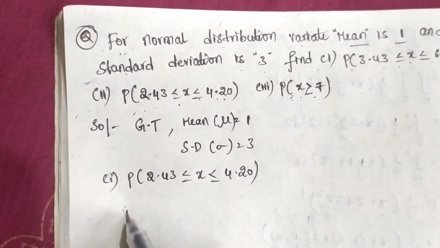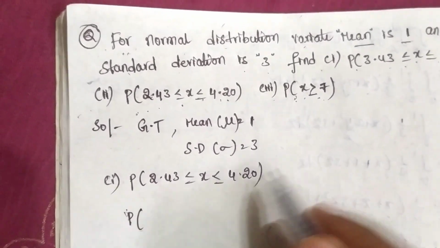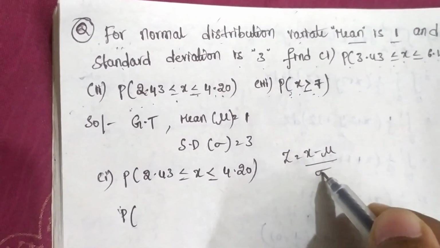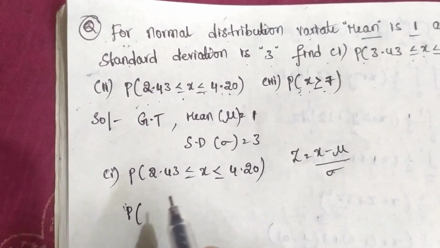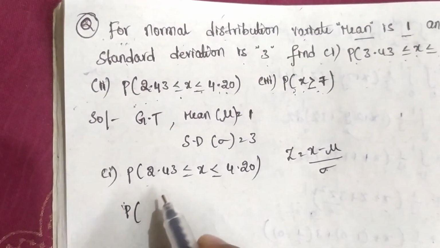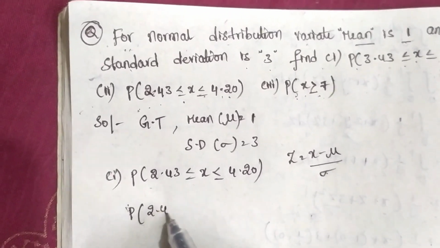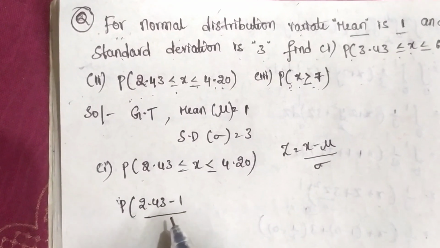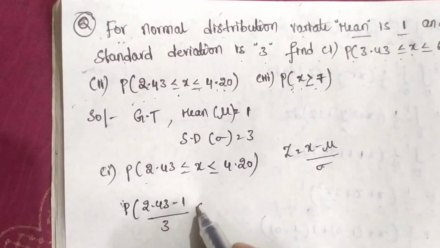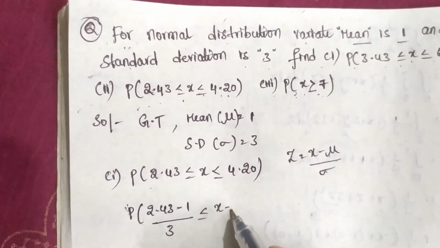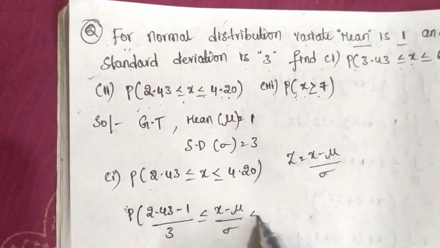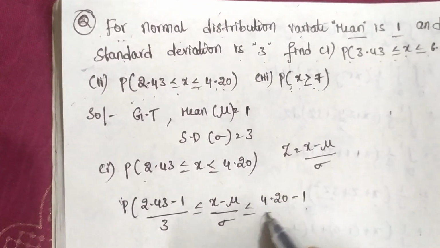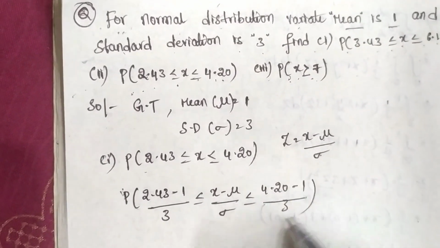Here we know that z equals (x minus mu) by sigma. By applying this to this problem, we get 2.43 minus 1, where mu is 1 and sigma is 3, less than or equal to (x minus mu) by sigma, less than or equal to (4.20 minus 1) by 3.